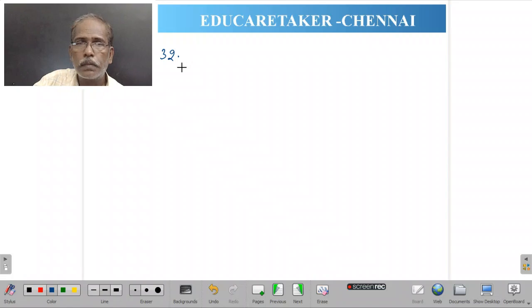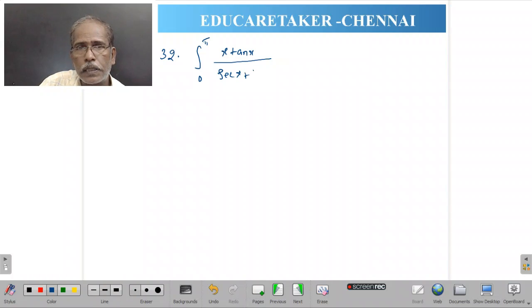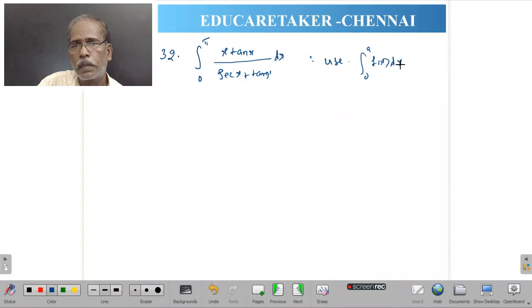Question 32: integral from 0 to pi of x tan x over secant x plus tan x dx, and we are going to use the property integral 0 to a of f of x dx is integral 0 to a of f of a minus x dx.